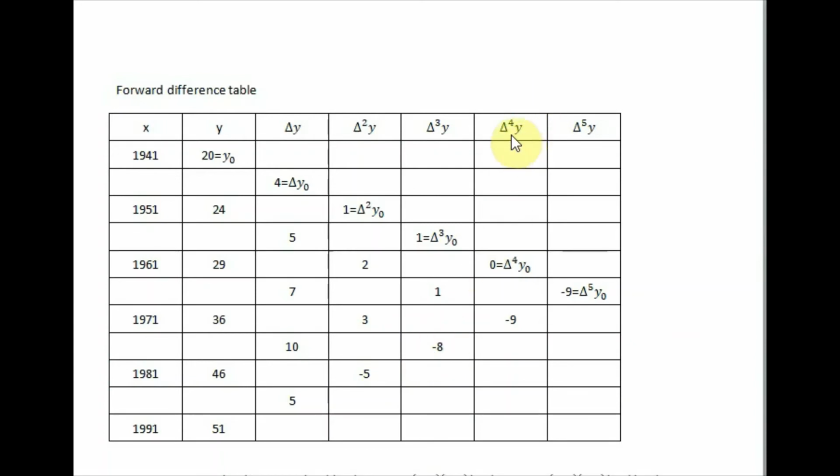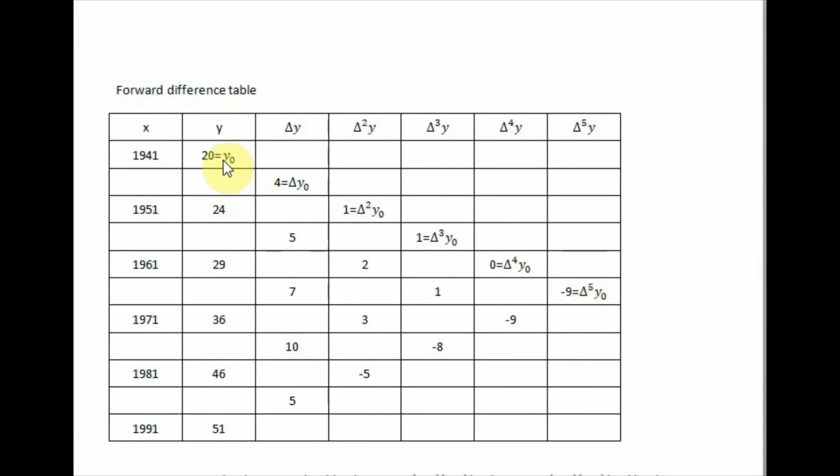Then delta raised to 4 y, that is fourth order differences. For getting this, we have 1 minus 1, which is equal to 0, denoted by delta raised to 4 y0. Then minus 8 minus 1, which is minus 9, which is delta raised to 4 y1. Then we have fifth order differences, minus 9 minus 0, that is again minus 9, denoted by delta raised to 5 y0.